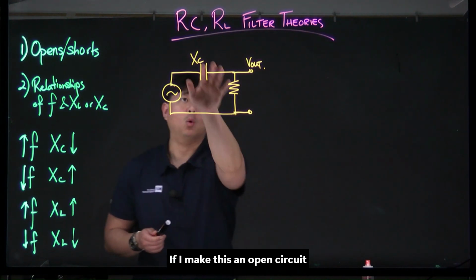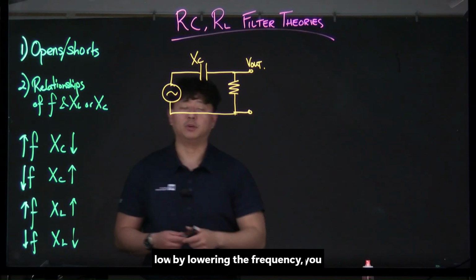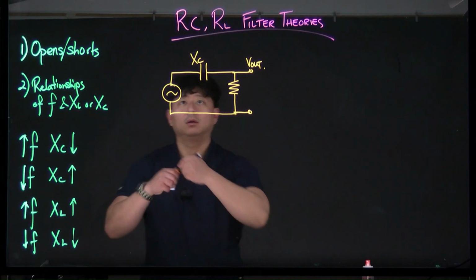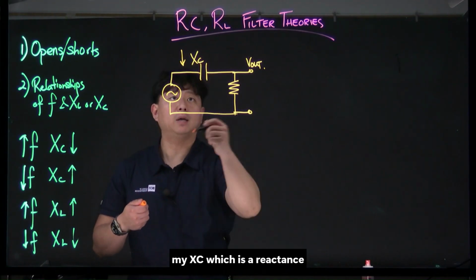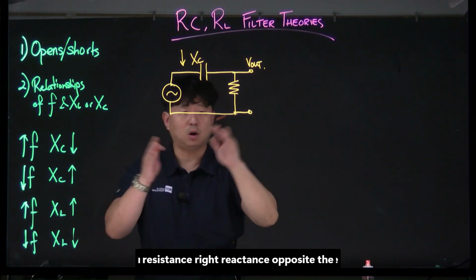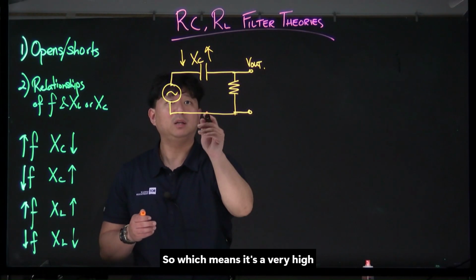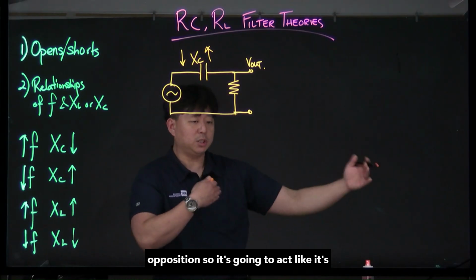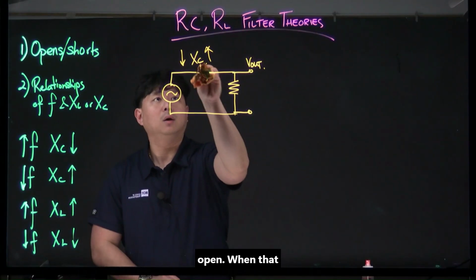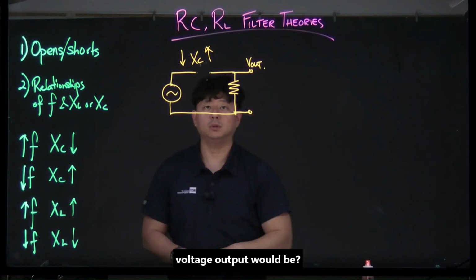If I make this an open circuit by lowering the frequency, my XC, which is a reactance, opposition to current flow, is going to shoot up high. That means a very high opposition, so it's going to act like it's open. When that happens, what do you think my voltage output will be?